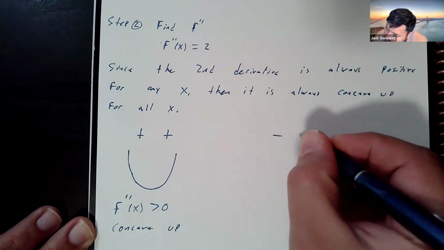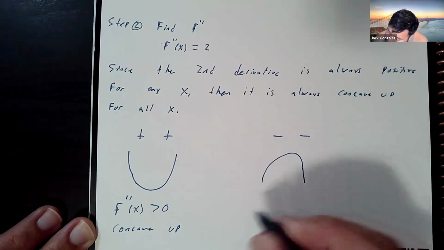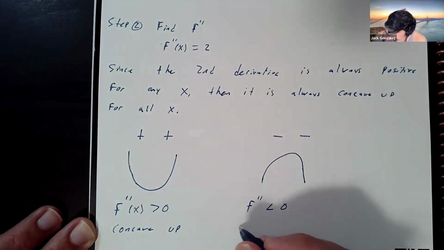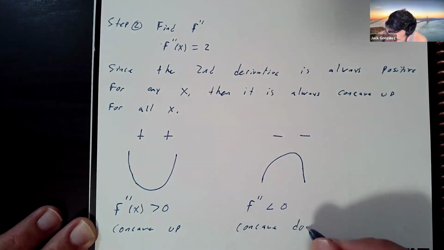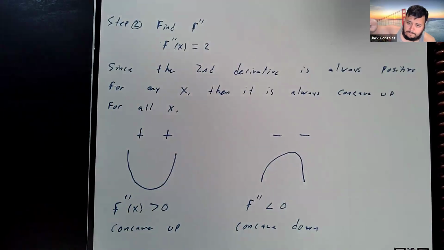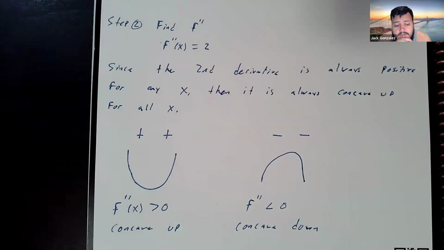If it's negative for some x, if the second derivative is less than 0, concave down. So basically the graph would be opening downward or upward, depending on the sign of the second derivative.